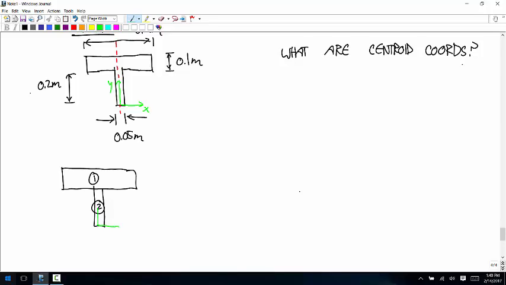And the coordinate system's down here. So piece 1, the area is 0.1 times 0.2, 0.02. What's the vertical location, the y bar just for that piece 1?